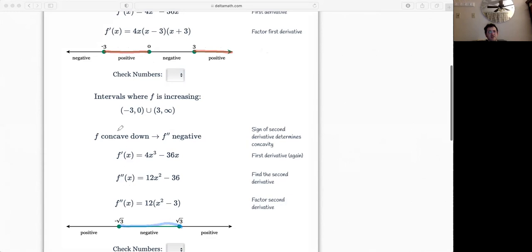So where I'm looking is where it's both highlighted. So in between negative square root of 3 and 0 is where both are highlighted. I think it's good to look at those side by side.